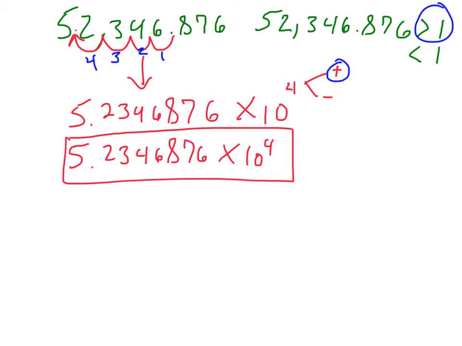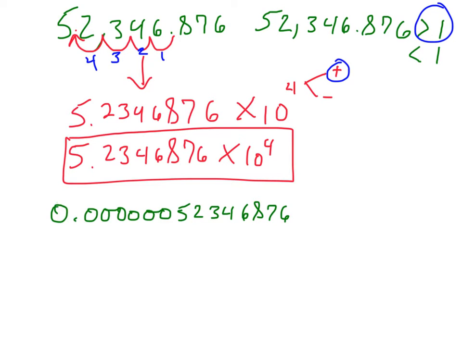Okay, now we can have a really, really small number also. We could do something like this, and we might want to change that into scientific notation. So again, you're going to find the decimal point, okay, and you are going to move it so that it is behind the first non-zero digit.